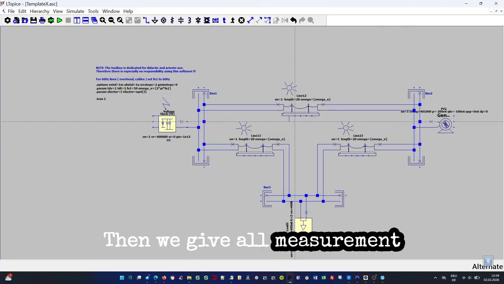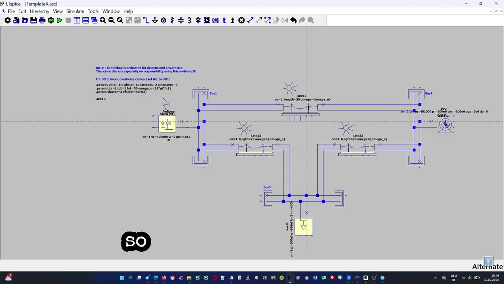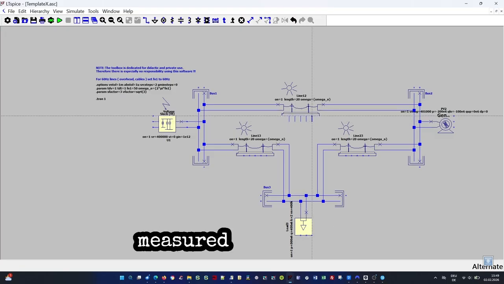Then we give all measurement pins a short node piece so that we can output the measured values later.